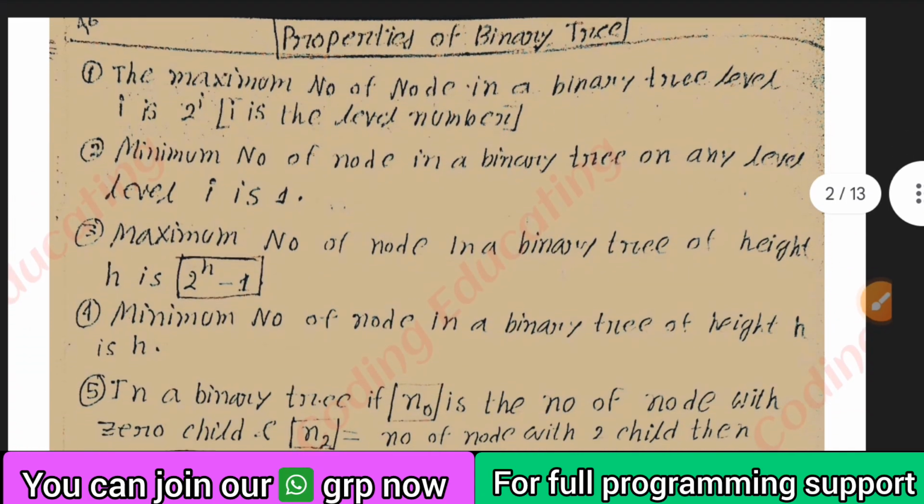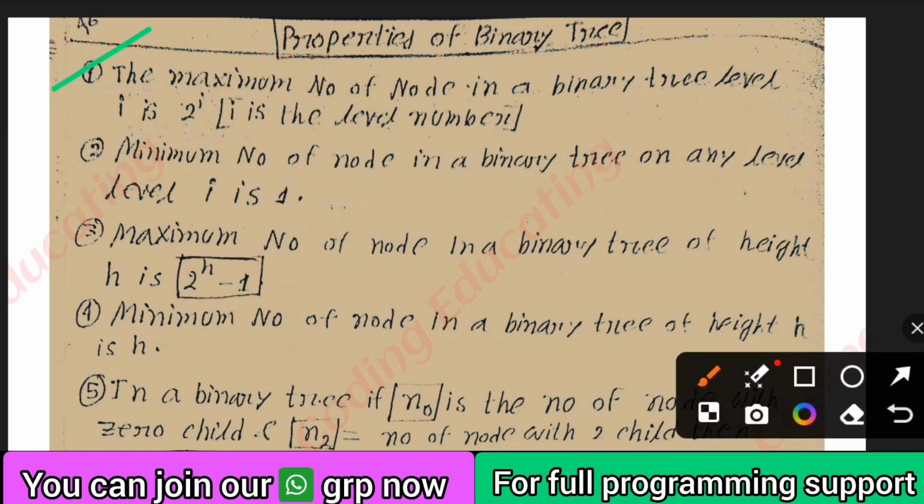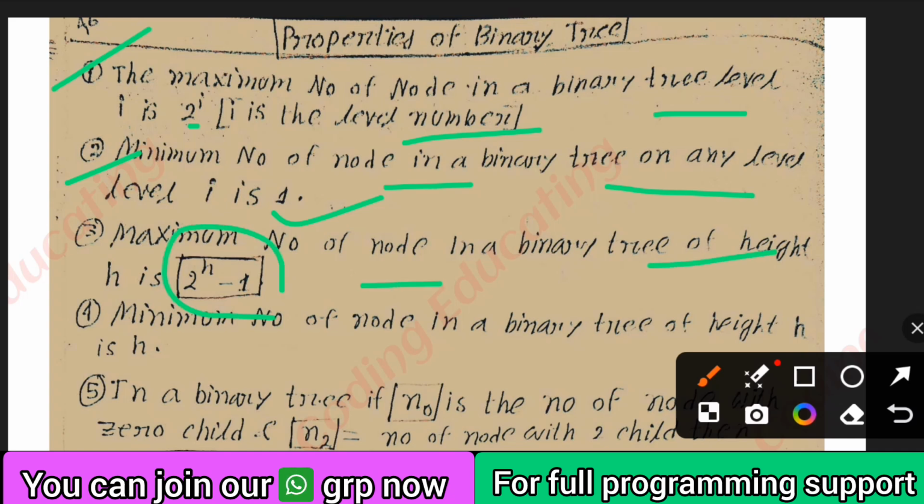Properties of a binary tree. The maximum number of nodes on a binary tree level is 2 to the power i, where i is the level number. The minimum number of nodes on any level is 1. You have to remember, the maximum number of nodes in a binary tree of height h is 2 to the power h minus 1.